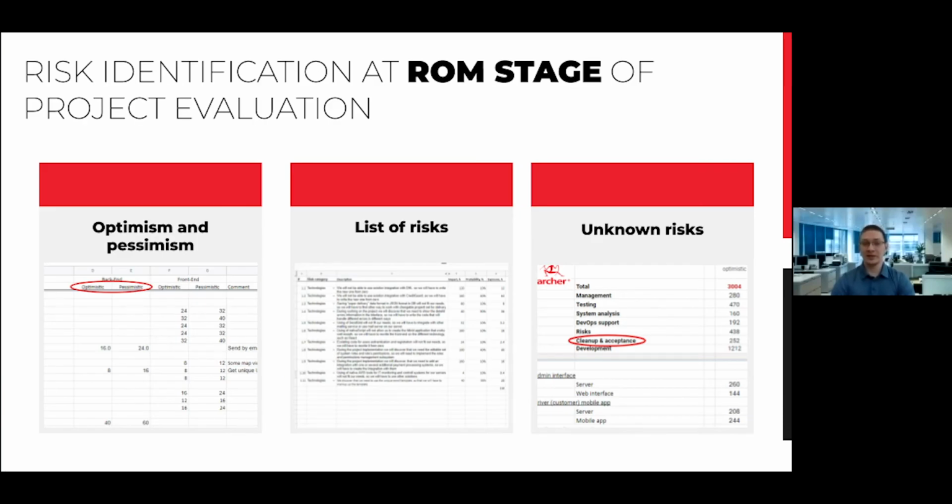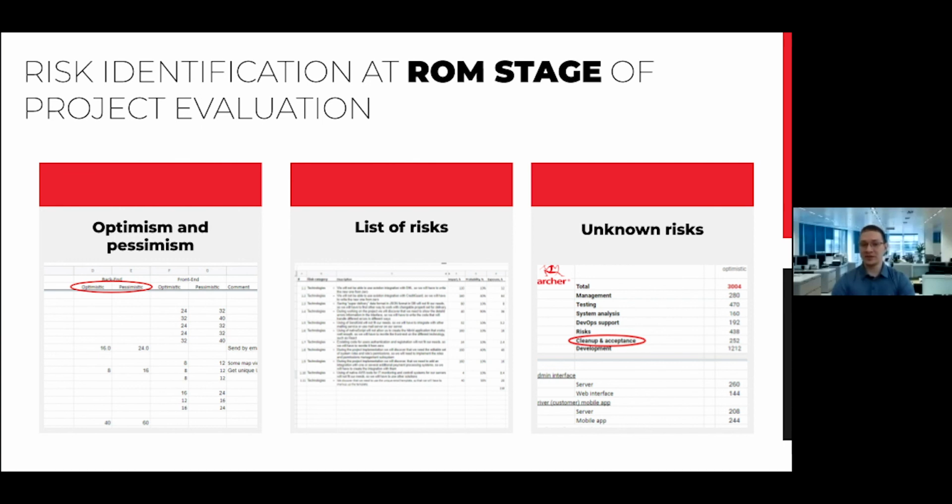And you may ask, how does it affect my project? When you get the Archer standard estimation spreadsheet, you may see all the reserves and how they were calculated. Pessimistic and optimistic estimations of operations represent activity contingency reserve. Contingency reserve is represented in line risks.